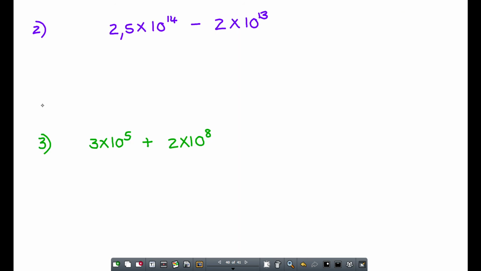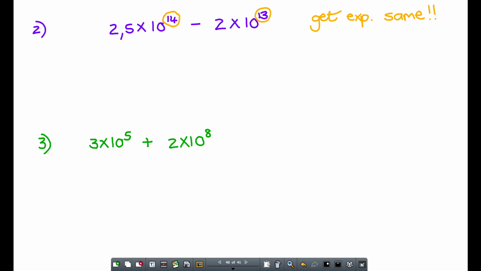Over here you can see that I've got 10 to the power of 14 and 10 to the power of 13. So we first want to get those exponents the same. Obviously we want to make that one 10 to the power of 14.